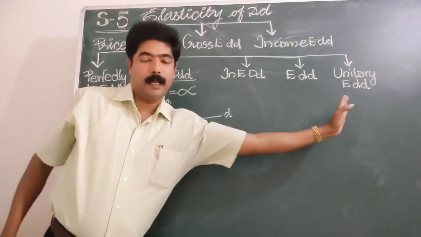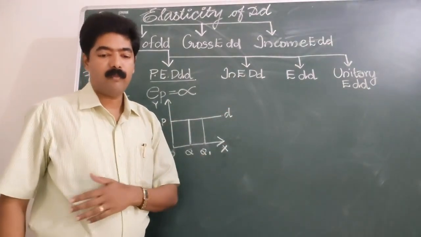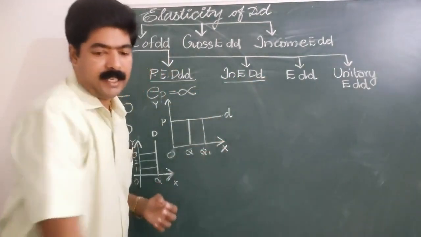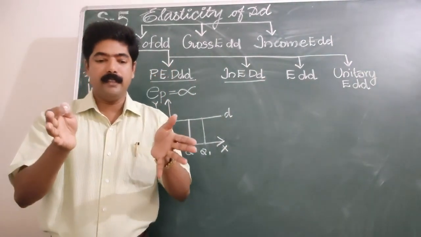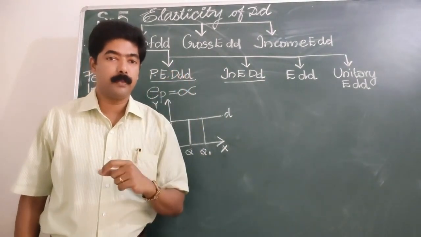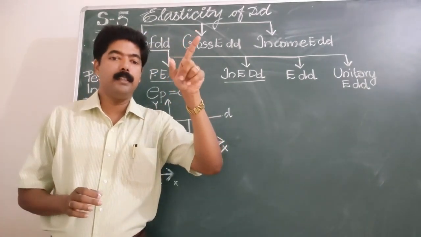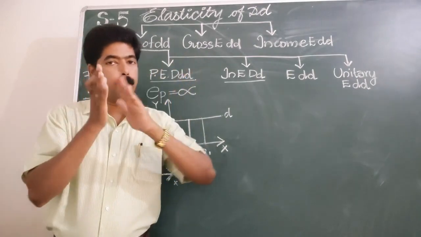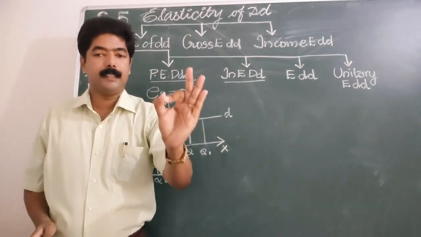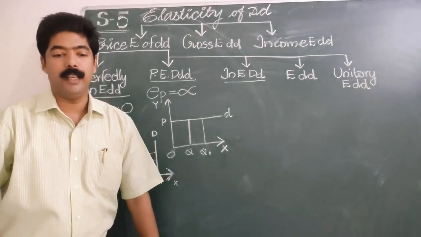Now we have three other types. The third type is inelastic demand. What is inelastic demand? We have studied that price elasticity of demand is the percentage change in quantity demanded upon the percentage change in price. Demand is inelastic if the percentage change in quantity demanded is less than the percentage change in price.